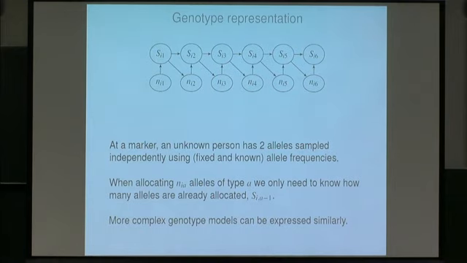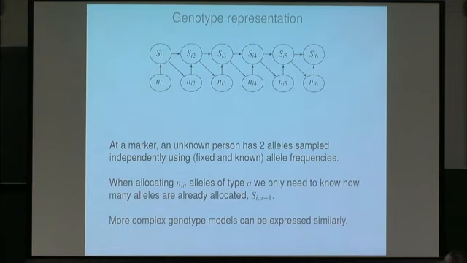So here is the genotype representation that Roberto was referring to. I start from the other end that we did in the last workshop. I know exactly what model I want to represent by network. So my problem is not piecing together a network, but rather making a network that does represent that model. The vanilla model for genotypes is that a person has 2 alleles sampled from a multinomial distribution with frequencies as in some population.